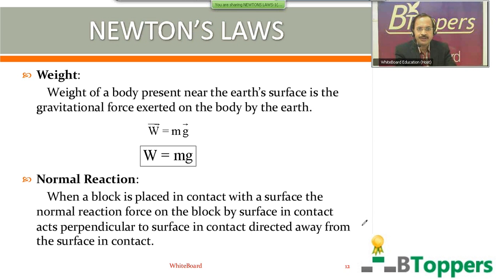So earlier I have discussed the term weight. Here I have given the definition, the meaning of the term weight of a body. So those who are copying the notes can copy these 2 points which are shown on the screen now.